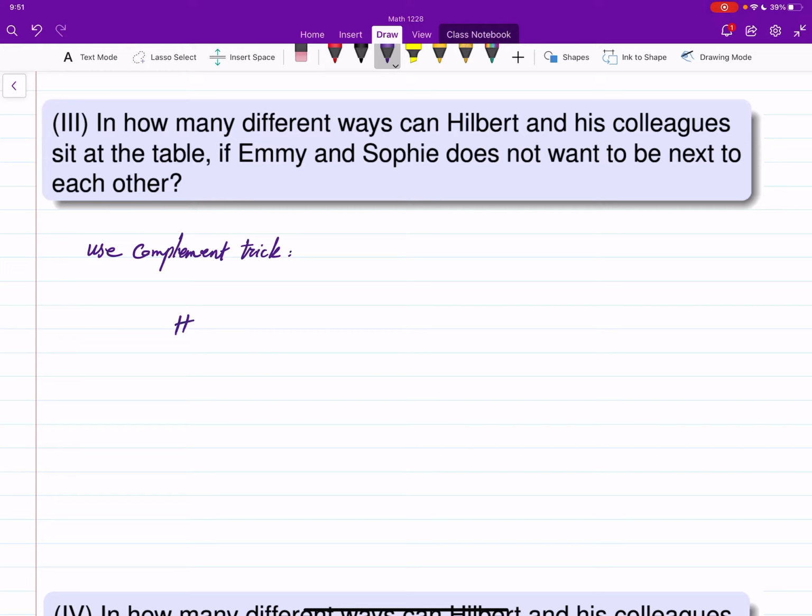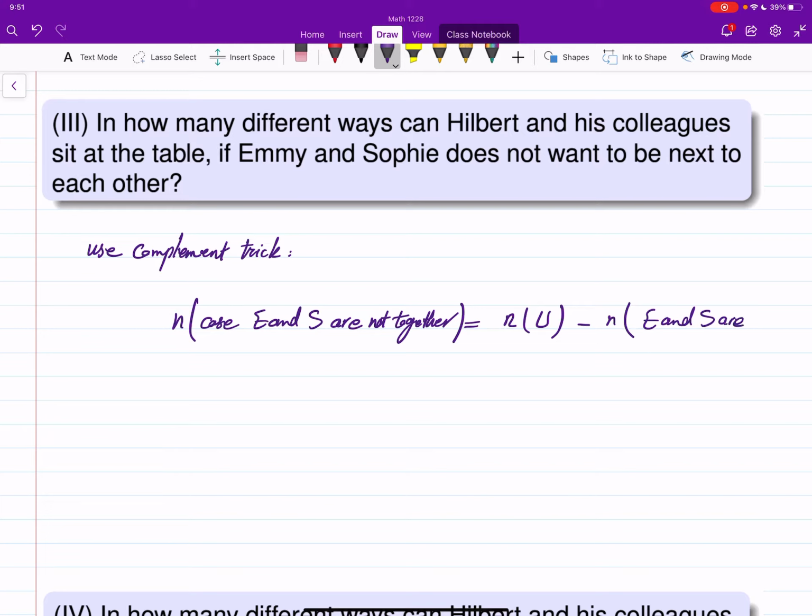The number of cases that E and S are not together is equal to the number of all possible ways minus the number of cases that E and S are next to each other.